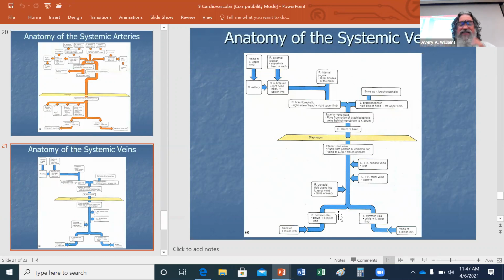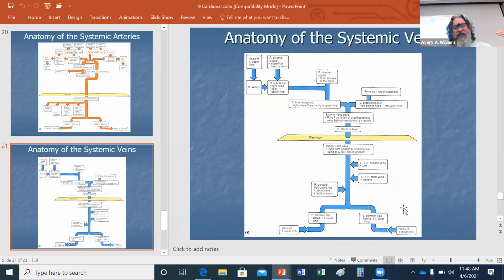Now, I would say just the opposite when describing the veins. Describing the right and left common iliac veins, I would say, from the union of the internal iliac vein and external iliac vein, you form the common iliac vein. So the smaller veins merge to form larger veins.